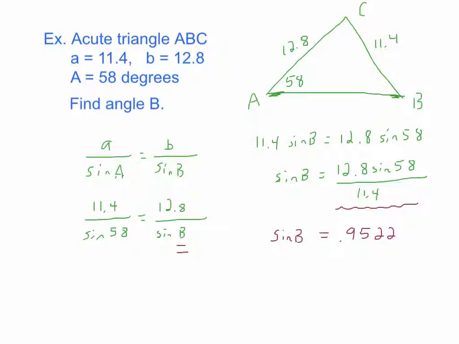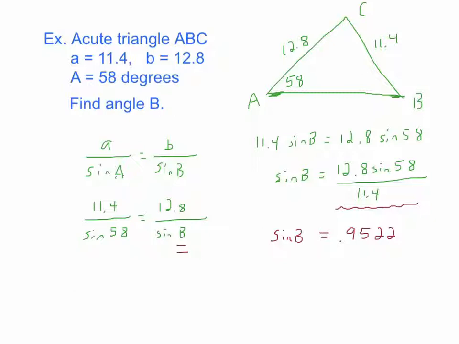Ultimately, we want to try and solve for angle B, so here's where, in particular, your inverse trig functions can help us out. Because, if you recall, the inverse trig function helps us to solve for the particular angle that satisfies this equation. Now, the only problem is that 0.9522 is not an exact value that we have. So once again, this is where your calculator is going to come into play.